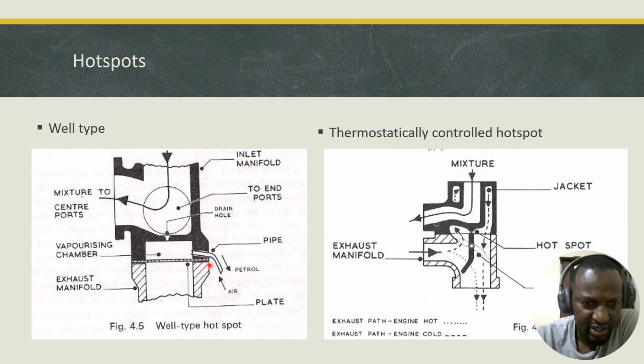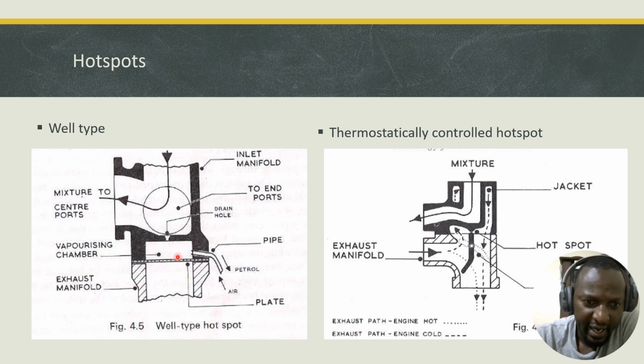So they are shared, they are on the same side, but they are separated by a membrane or a plate here. So the heat from the exhaust manifold will come and conduct to the plate and go to the other side without necessarily mixing. Now our well here has a bend, and because of the weight of the fuel particles, they tend to settle down here, and if they condense, then they trickle down through this hole and enter what we're calling the vaporizing chamber.